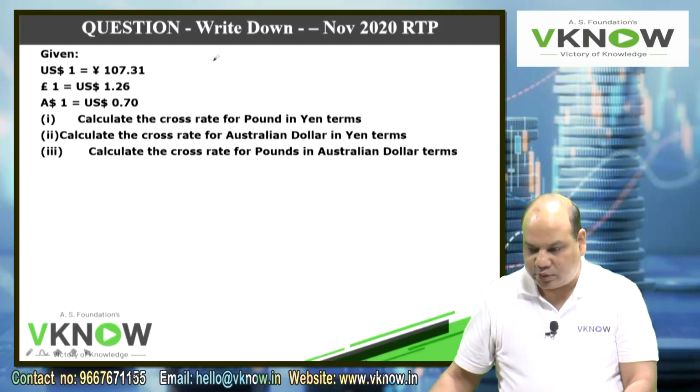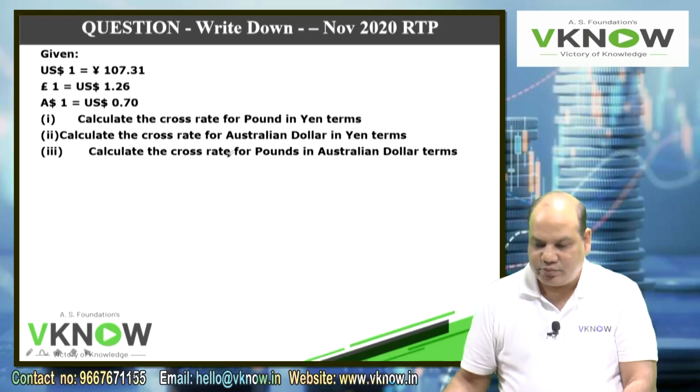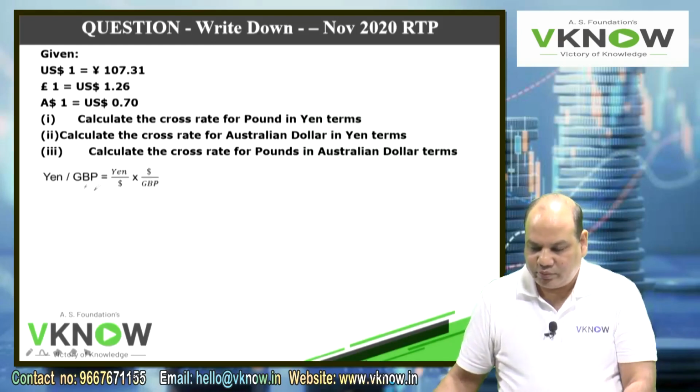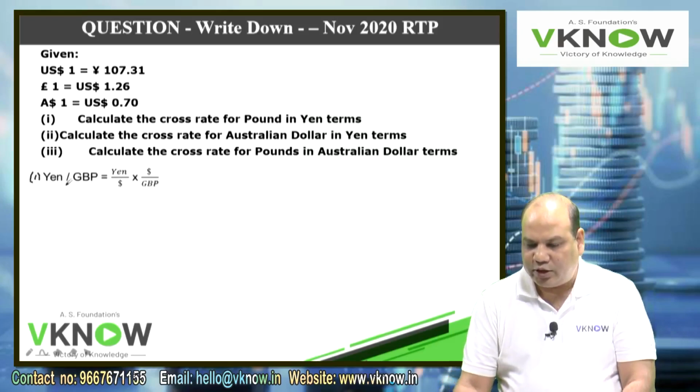So this is a very easy problem. Cross rate for pound in yen terms. What does that mean? So write down answer 1. It means you have to find yen per GBP, the number of yens per unit of GBP. And the cross rate formula will be yen per dollar, because with respect to yen, the rate per dollar is given.